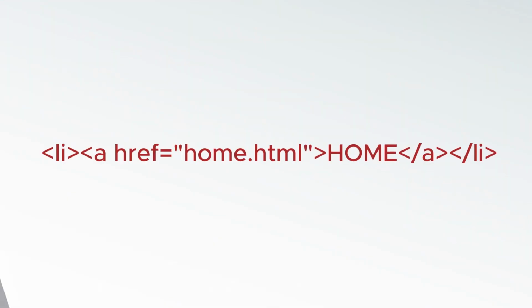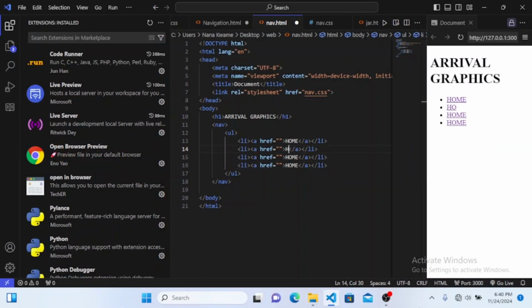So I'll copy the whole of this. This is the navigation list. I'll copy the whole of this, then paste it, then change the name. I'll change the home to contact, product, and about. So I'll come to the second line, then change it to product, then the third one I'll change to about, then contact.